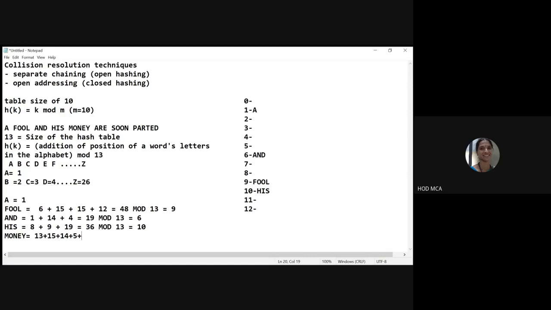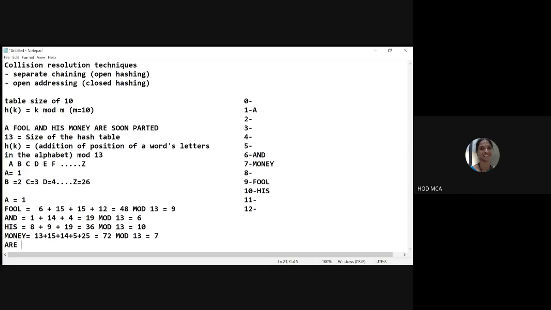Y is 25, correct? Yes, Y is 25. So 13 plus 15 plus 14 plus 5 plus 25 would become 72. 72 mod 13 would be 7. All right. So money is stored at the 7th location. I hope I'm clear, right?